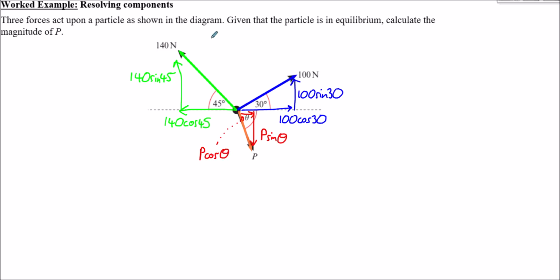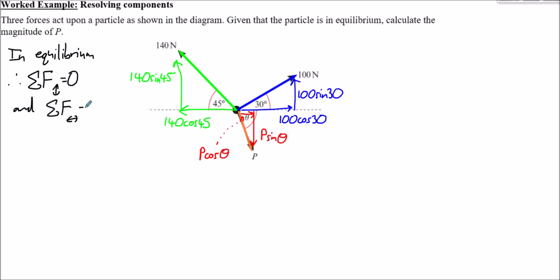We now need to use this fact that the particle is in equilibrium. So in equilibrium, therefore the sum of the forces going up or down is 0, and the sum of the forces going left and right, or horizontally, is equal to 0. We can take them in any order to be fair.